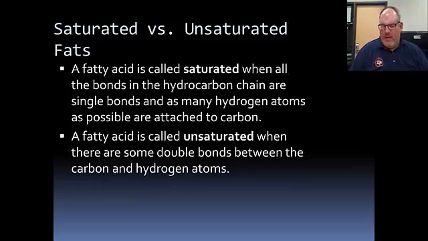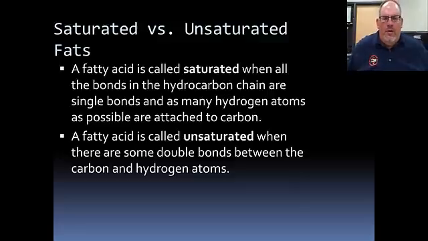When we talk about fats, there's what we call saturated and unsaturated fats. A saturated fat, when we look at the fatty chains, has nothing but single bonds between the carbons. So all the bonds are single. When we look at an unsaturated fat, somewhere in that fat chain, it can be in all 3 of the fatty chains, or it can be in one of those fatty acid chains on a triglyceride, there is a double bond between the carbons.